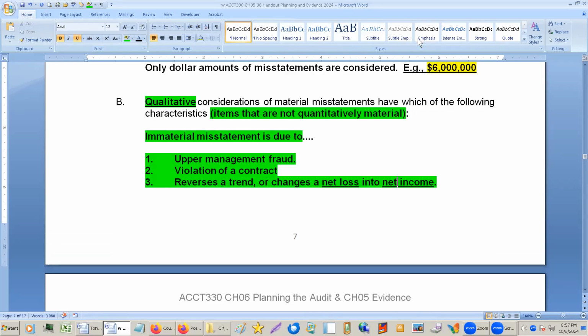That could be significant because in the investor's mind, a company that's losing money is different than a company that's making money, right? Even if it's a small amount that they're making, it's better than losing money. So a company that's losing money is viewed from the investor standpoint as a different company. And usually it's when they change a loss into income.